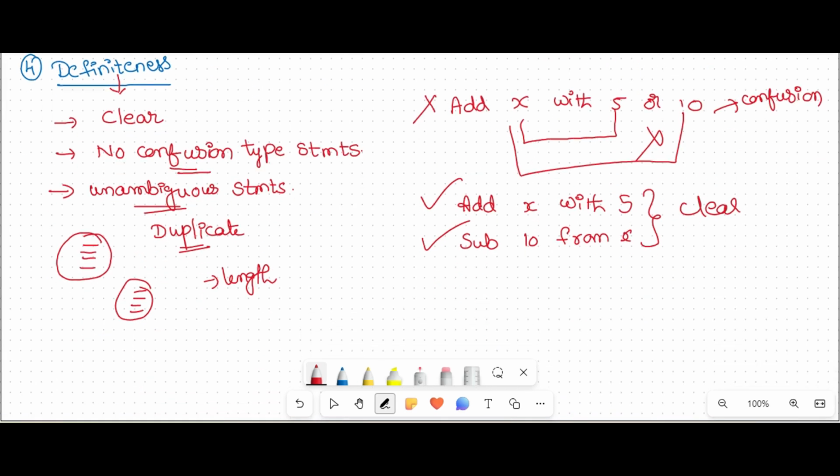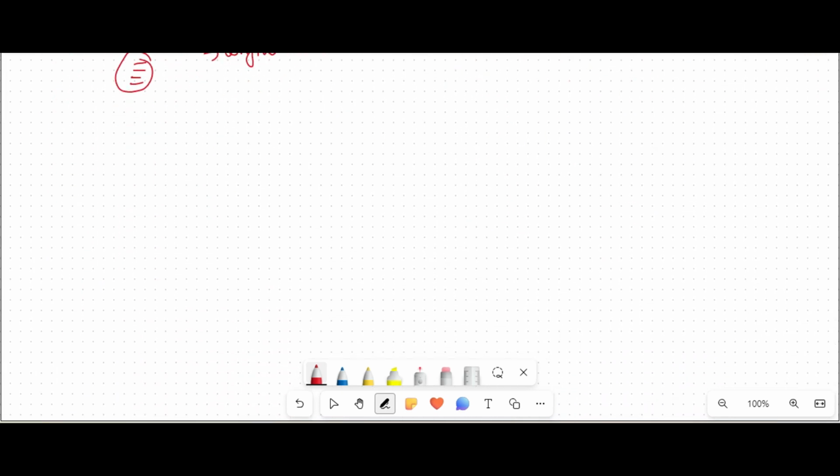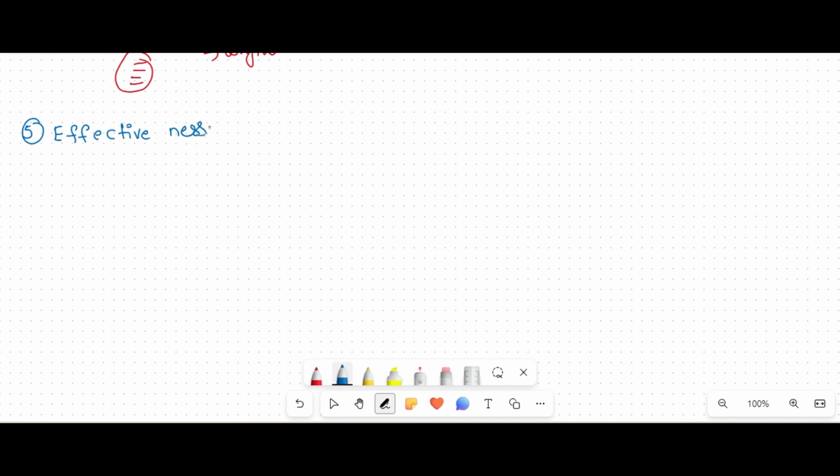That is definiteness. And the last property here is effectiveness. What is meant by effectiveness? The statements should be basic type.